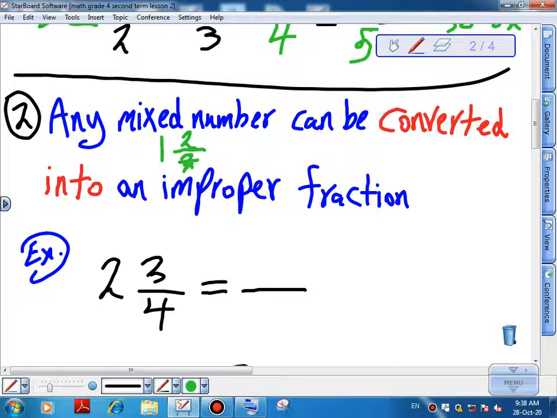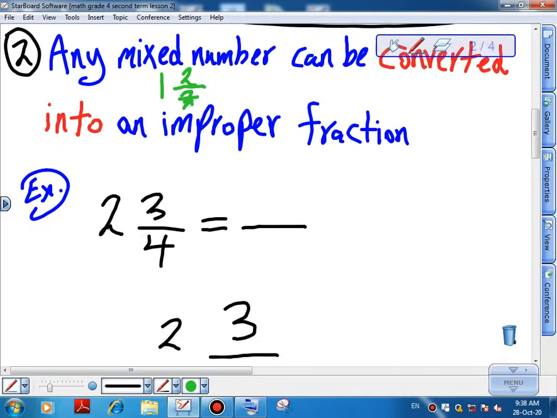How is that done? If we take 2 and 3 quarters, or 2 and 3 over 4, this number is called a mixed number. We need to convert this type to an improper fraction. How? There is a method.